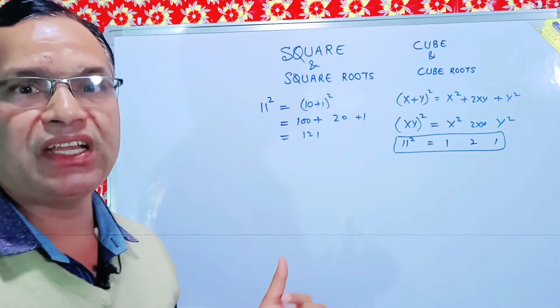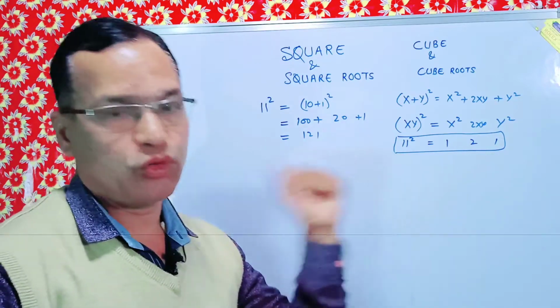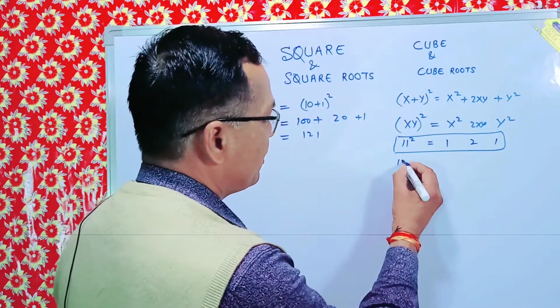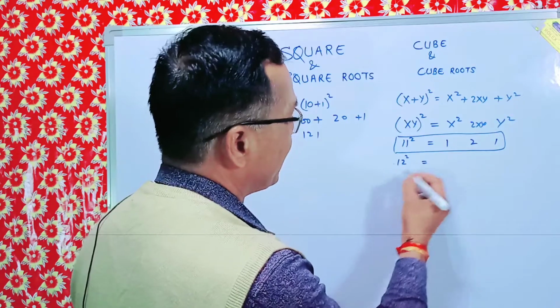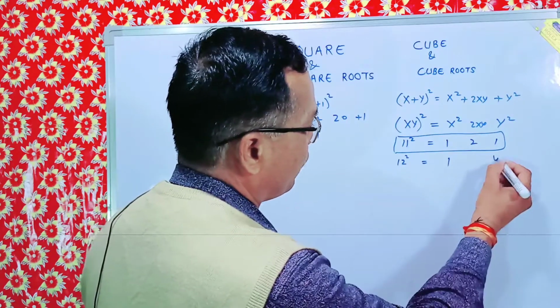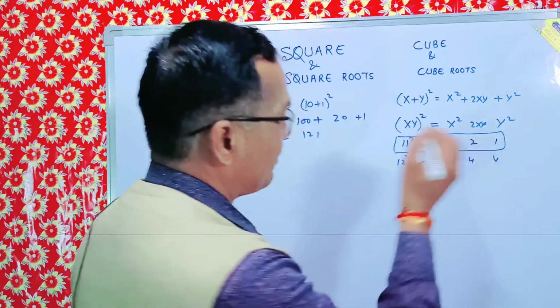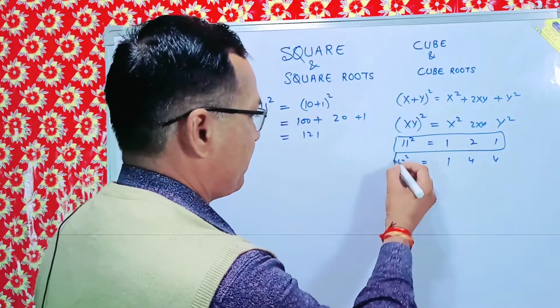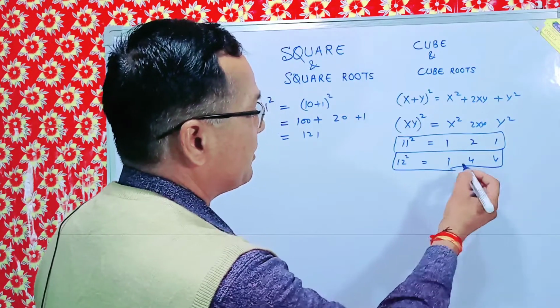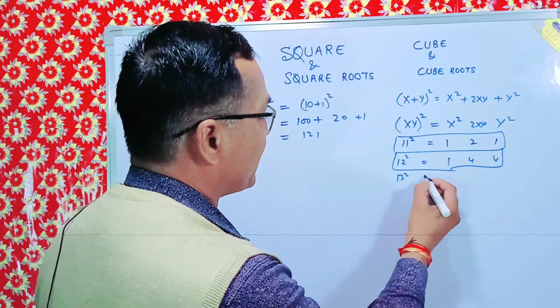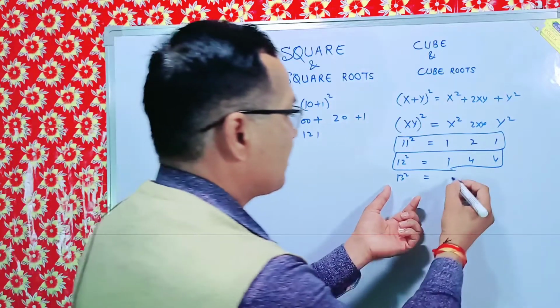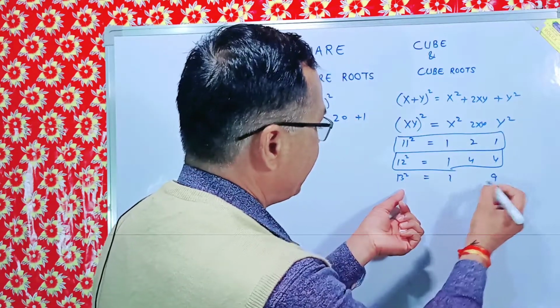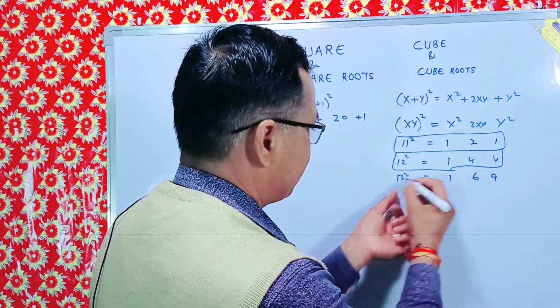This is the proven formula based square finding method. We can take any number, it will be proved. If I take 12 square, it will give us 1, 4, and in between 4. Similarly, the square of 13 will give us 1, 9, 6.